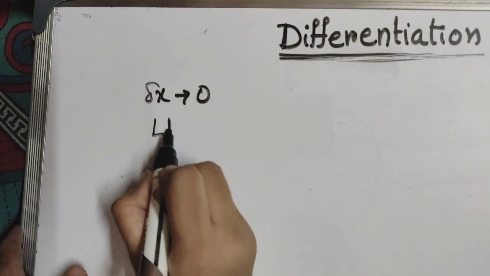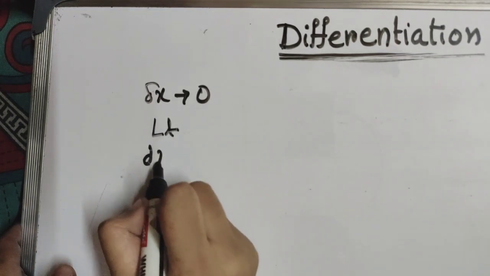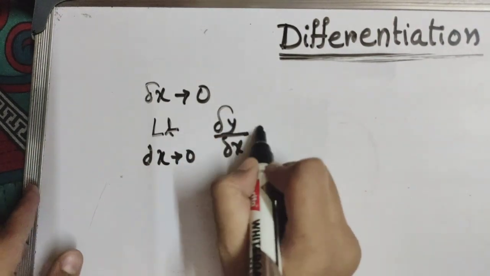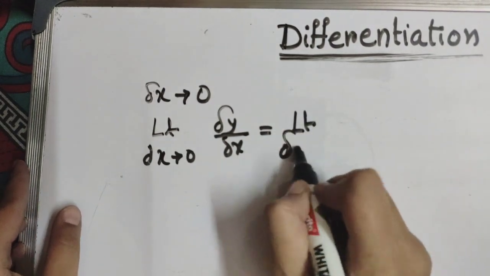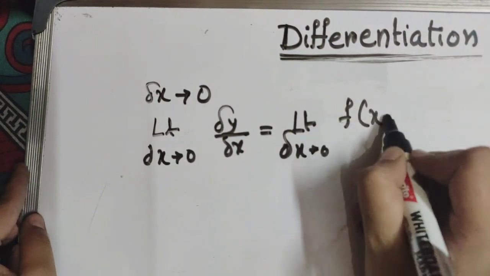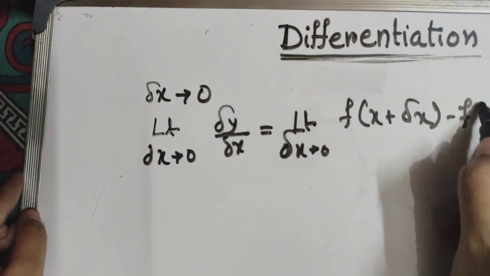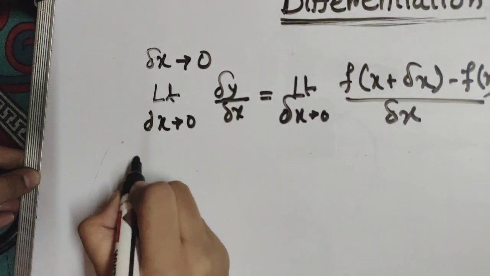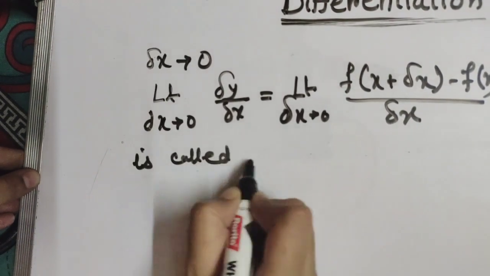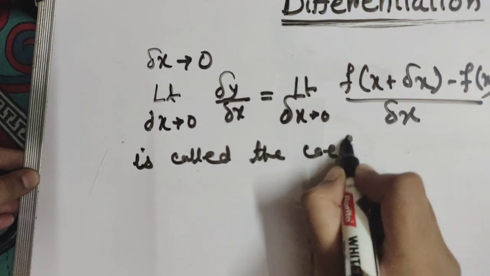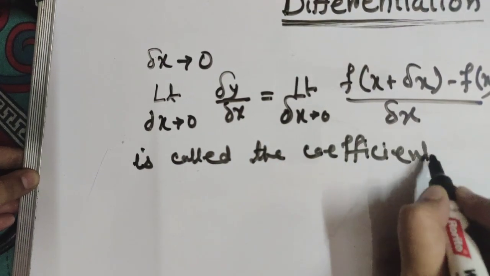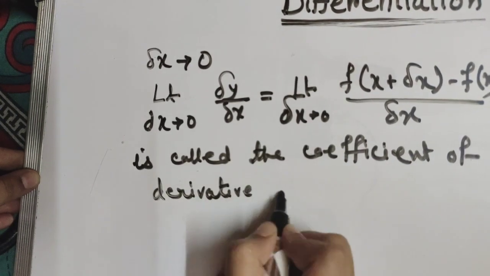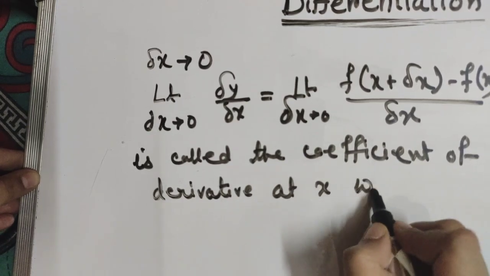So limit del x tends to 0, del y by del x equals limit del x tends to 0, f of x plus del x minus f of x divided by del x.